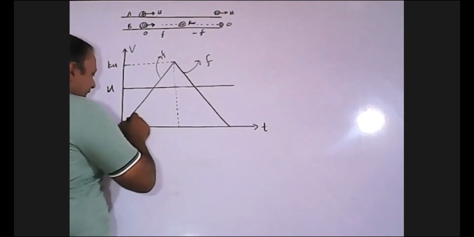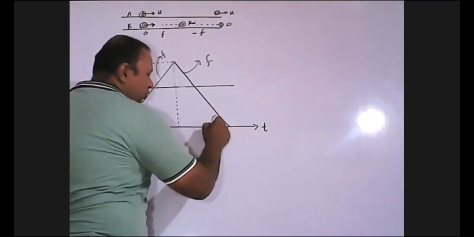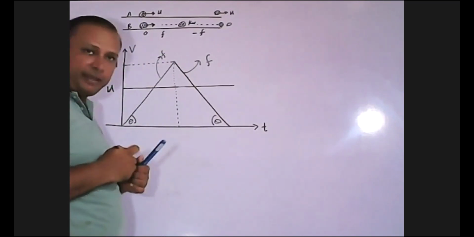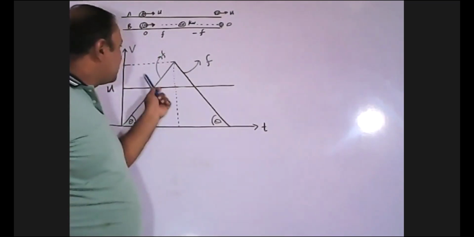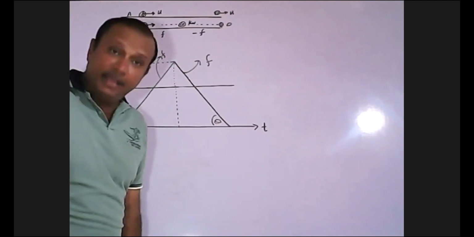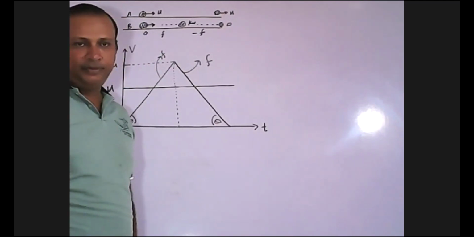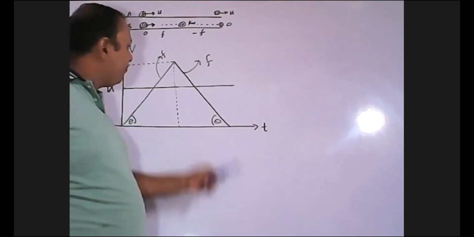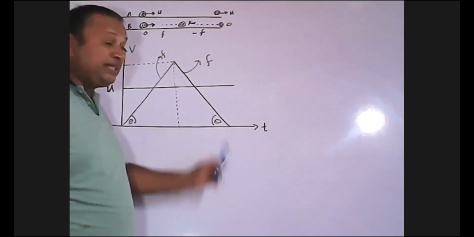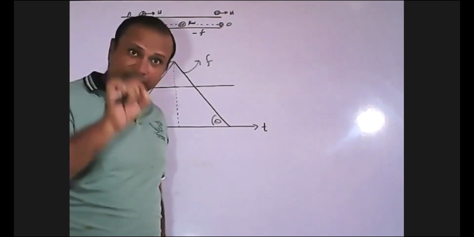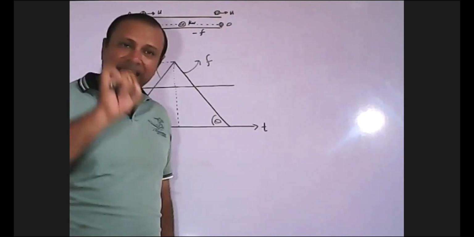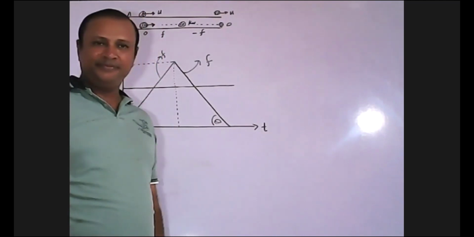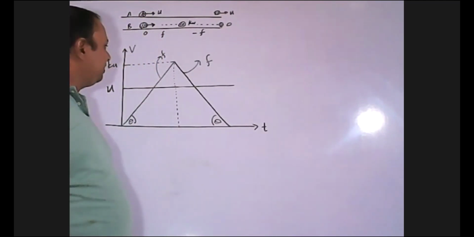Therefore, this angle and this angle should be the same, because the acceleration and deceleration are equal in magnitude. So when you are drawing this graph, you should clearly mention that thing.